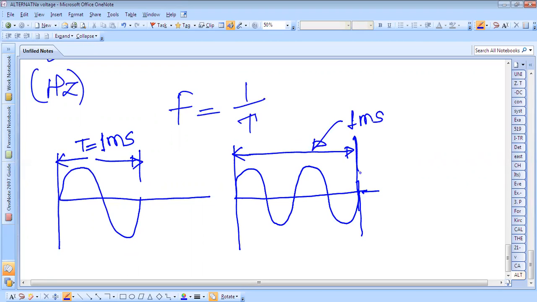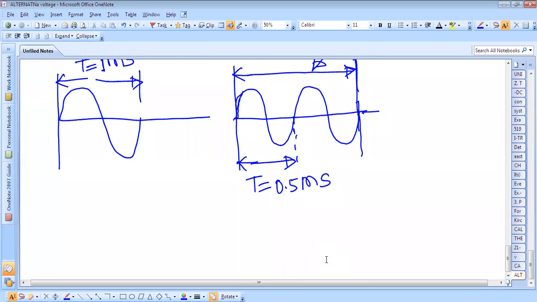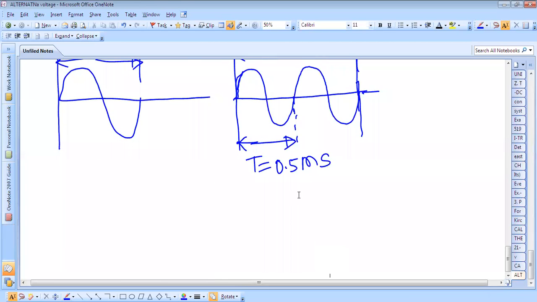The time period is for 1 cycle, so we have to consider 1 cycle. What is the time period for this? T is equal to 0.5 millisecond, because that is for the completion of one waveform.